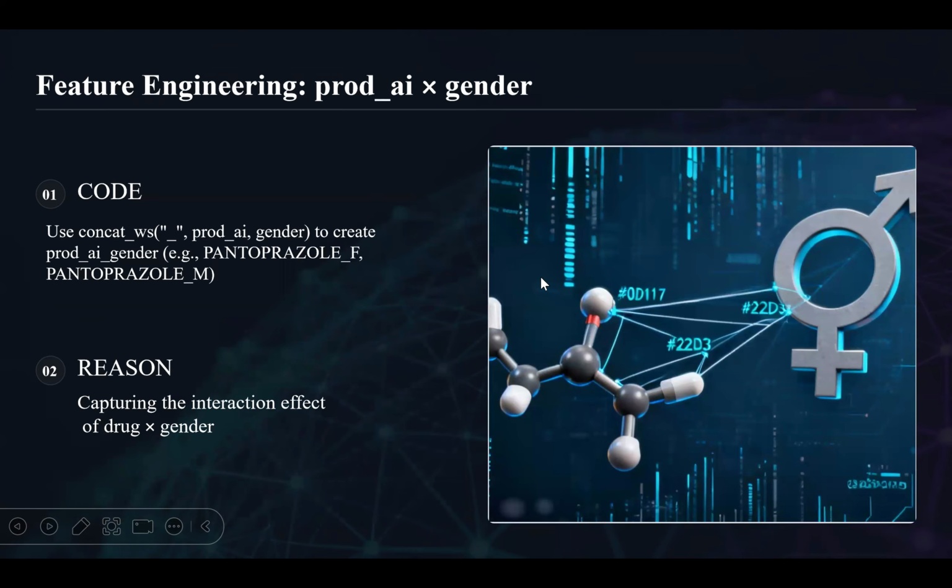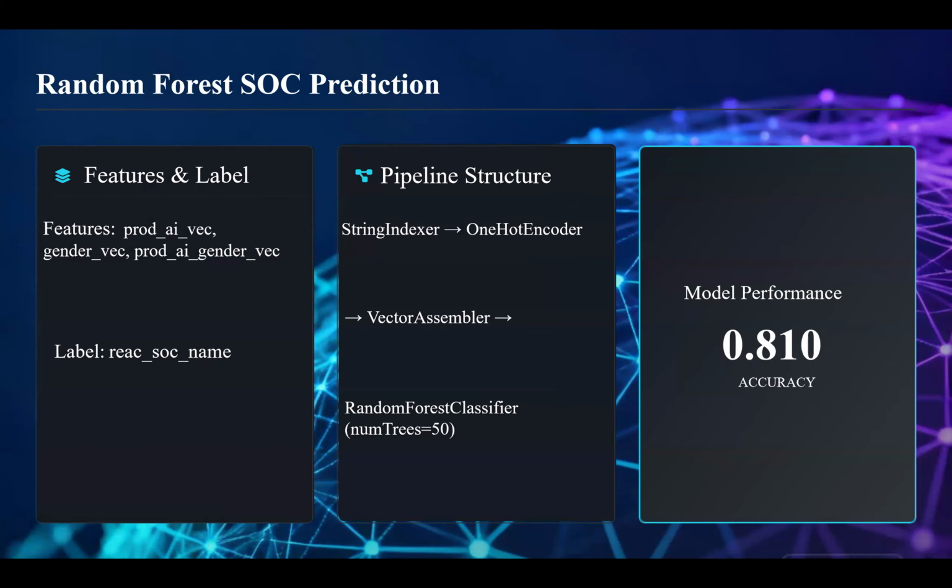Okay, now let me walk through our machine learning component. We used Spark MLlib to train a random forest classifier to predict the react short name, which is the system organ class of each adverse reaction. Our features were the prod AI, the active ingredient, and the gender, the patient's gender. The prod AI gender is an interaction term combining the two.